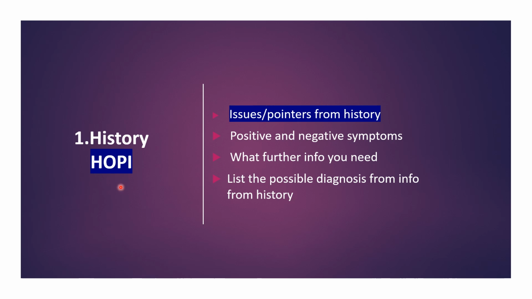After the chief complaint, we come to the history of present illness, HOPI, and here we look at the pointers from the history of present illness, listing out the positive and negative symptoms. What further info you may need from the patient which is not listed in the case scenario. List the possible causes or diagnoses that you may derive from the history.